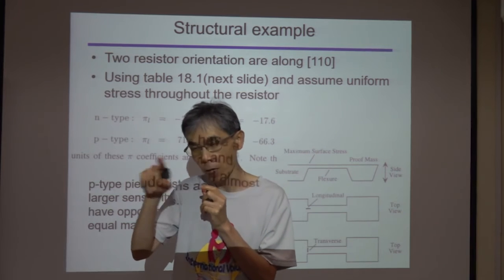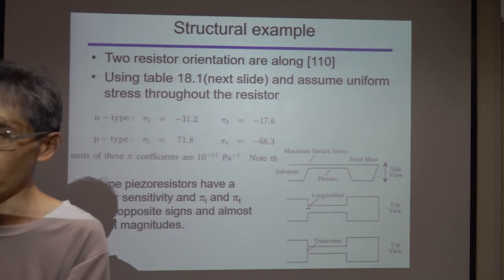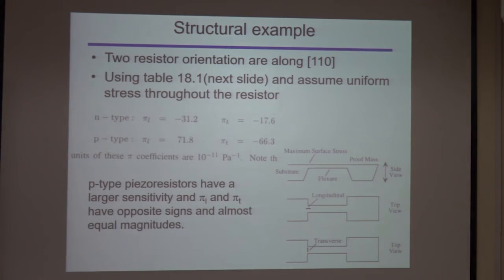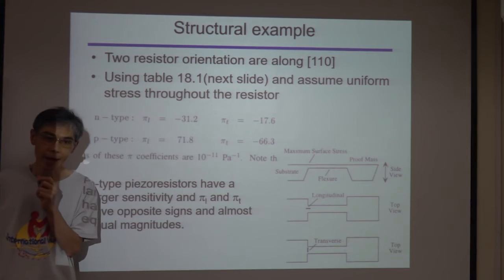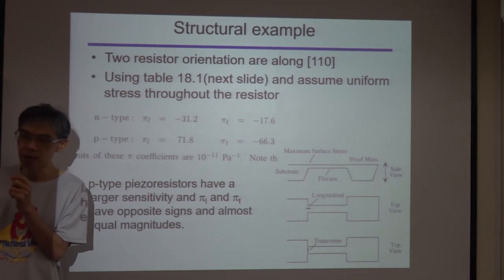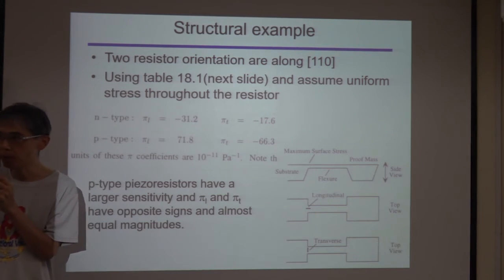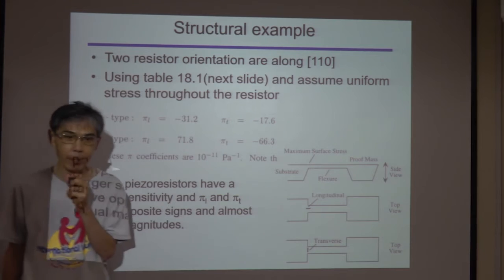See, if we can choose p-type or n-type, delta R divided by R equals pi L sigma L plus pi T sigma T. If sigma L is the dominant one, much larger than sigma T, then we should choose p-type polysilicon because it has a higher delta R value. Delta R is important for sensor applications.